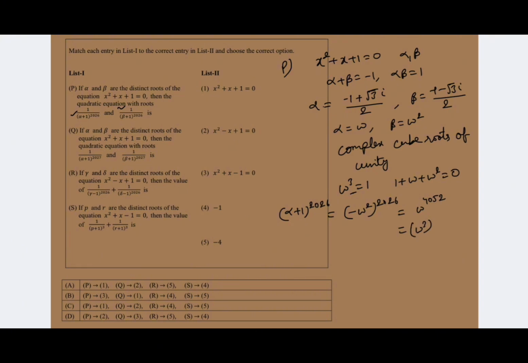So we can write it as omega square, and this one is 1, so we are left with omega square. So our first root will be 1 upon omega square, and this we can write again as omega cube by omega square, which is omega. So one of the roots of the required equation is omega.